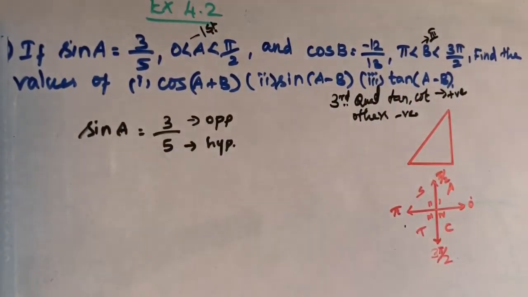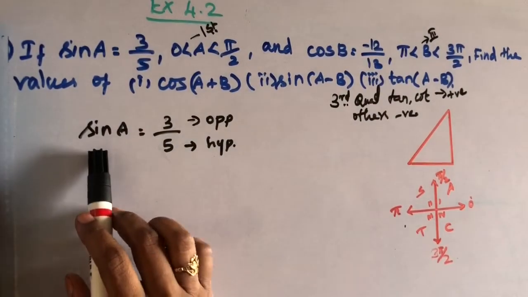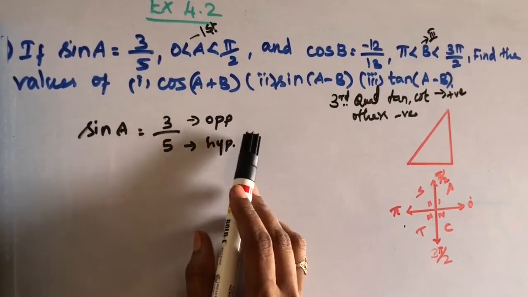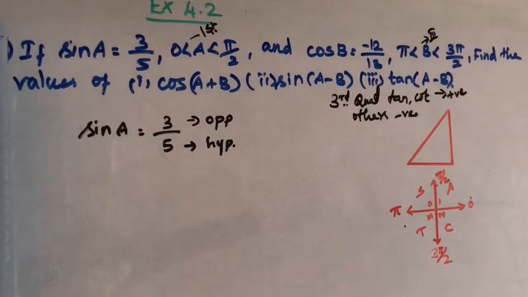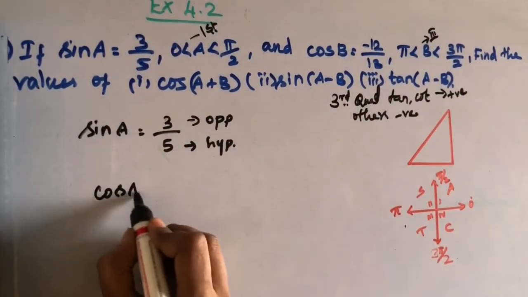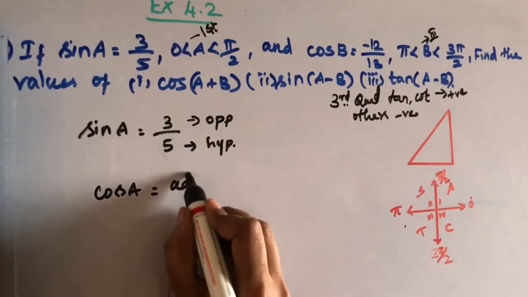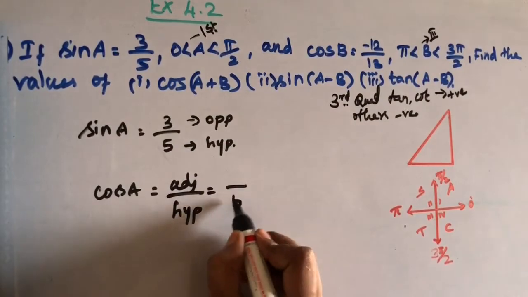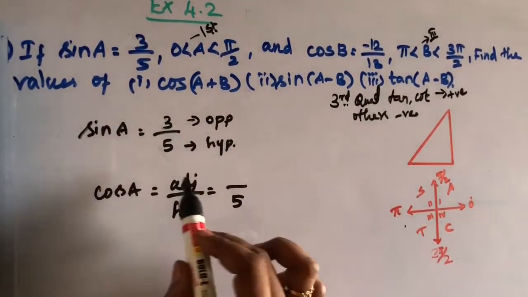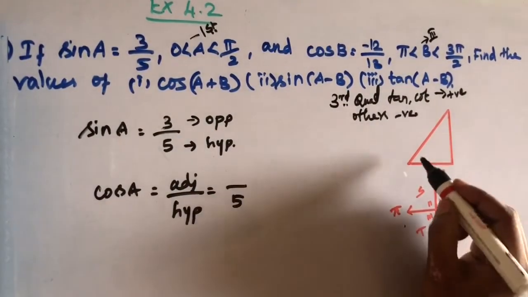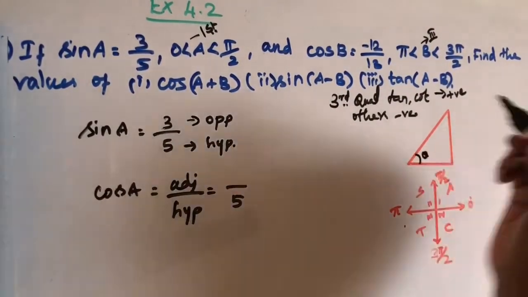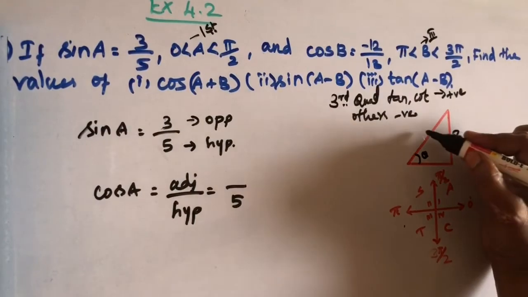Sin A equal to 3 by 5. We know the formula for sin, that is opposite by hypotenuse. To calculate cos A, we need the adjacent value. Cos A is equal to adjacent by hypotenuse. Hypotenuse is 5, that you know. But what about the adjacent side? Take a right angle triangle, here it is theta, opposite side is 3 and hypotenuse is 5.